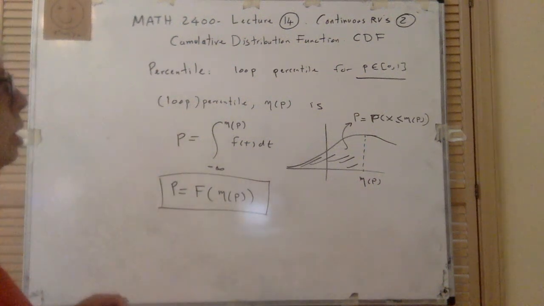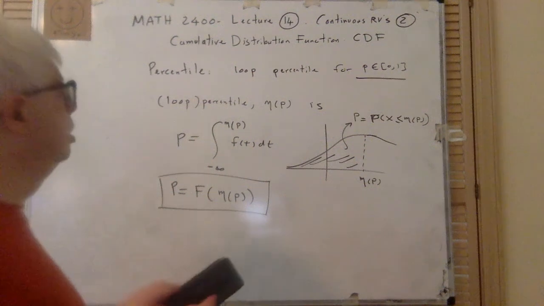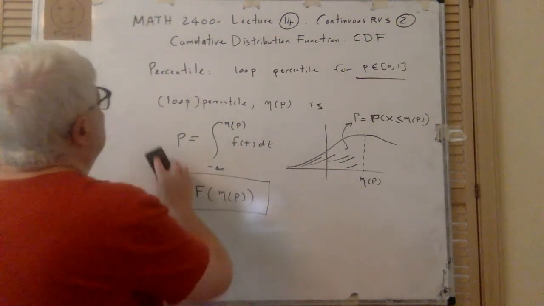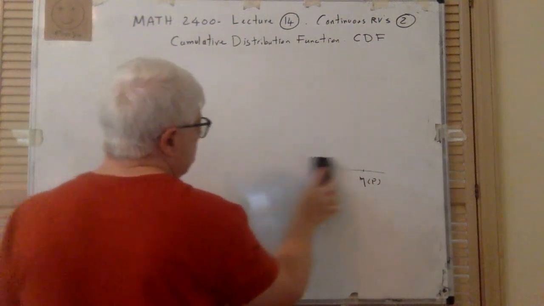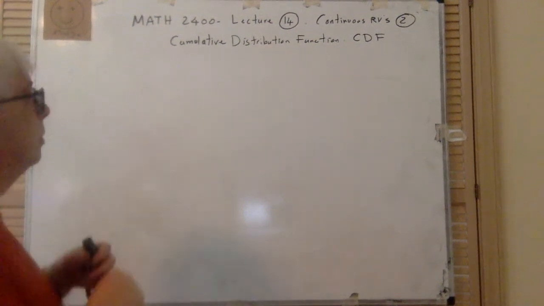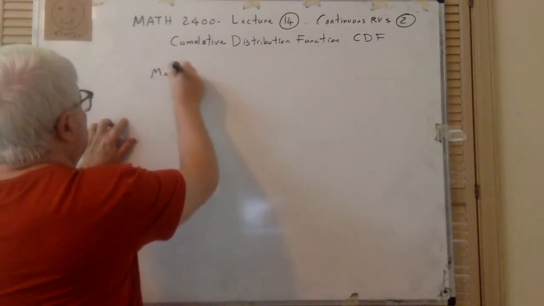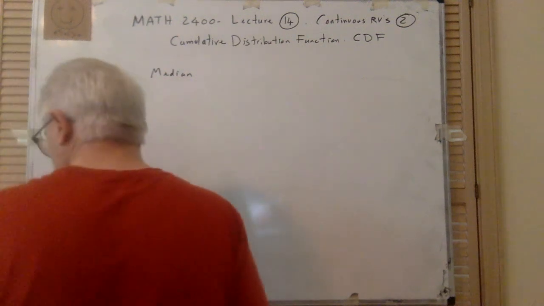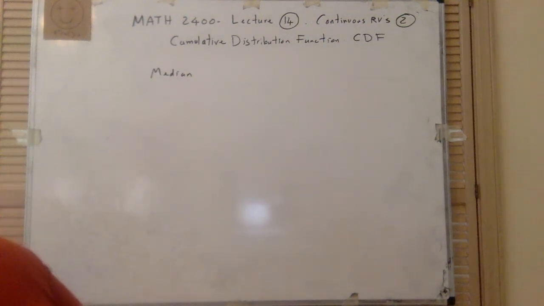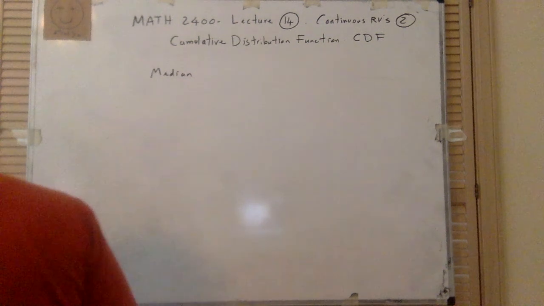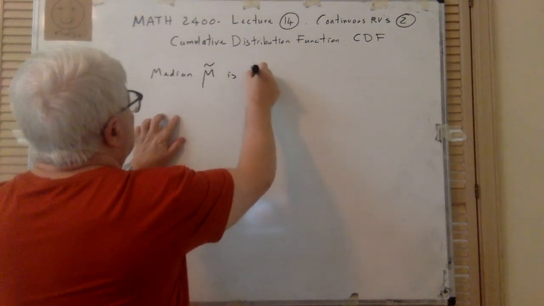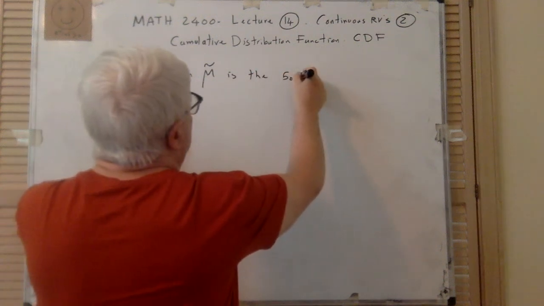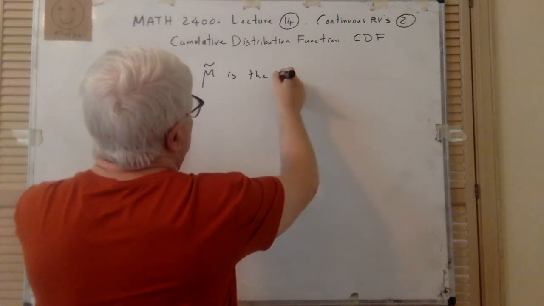Okay. Now one of these is the median. So let me do median. What does the book use for the median? Mu tilde. Okay. That is the 50th percentile, I think it's 0.5.